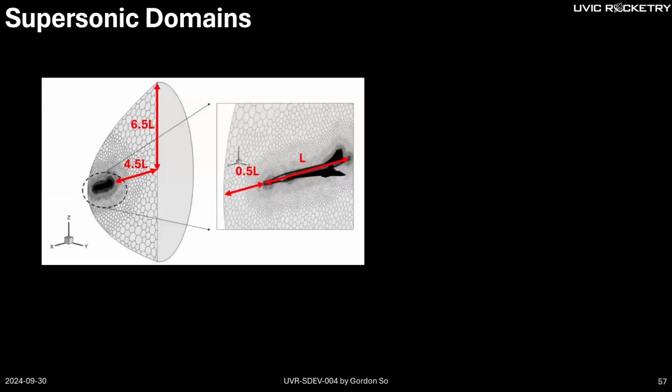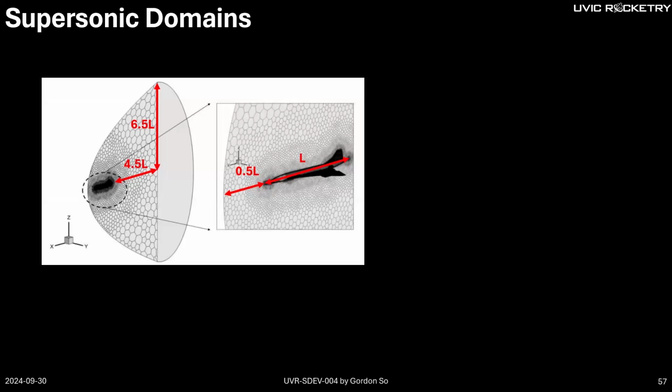For supersonic domains, the shape is really interesting, because for those who don't really know how supersonic flow works, of course the simplest is, oh, it's flying supersonic. And of course, shock waves. So anything here would not affect upstream. So that's the fact. So when you search supersonic CFD for, let's say, an aircraft, you see something like this.